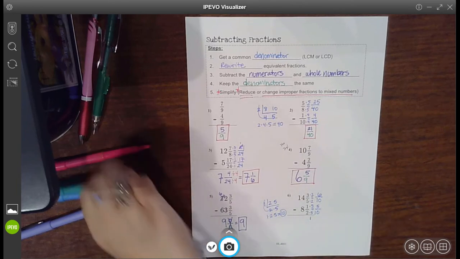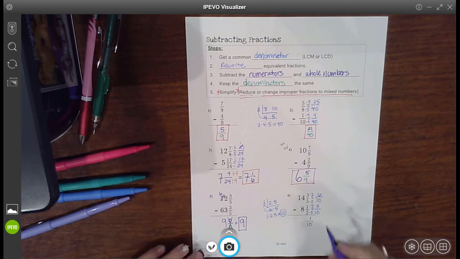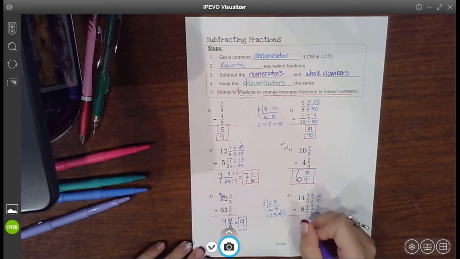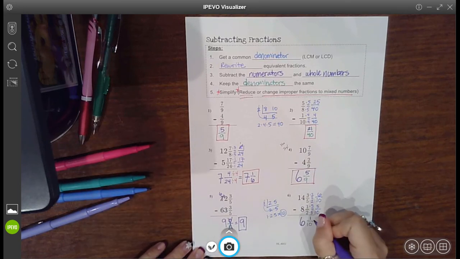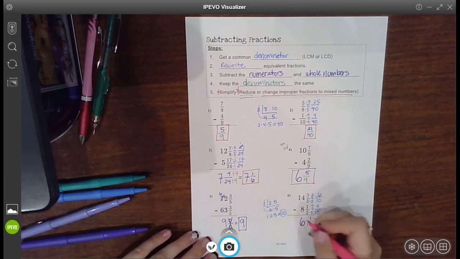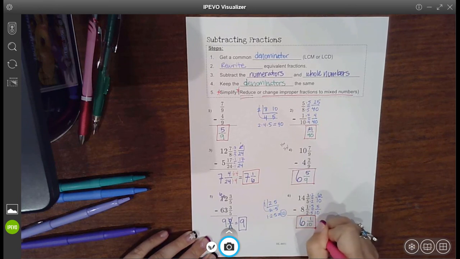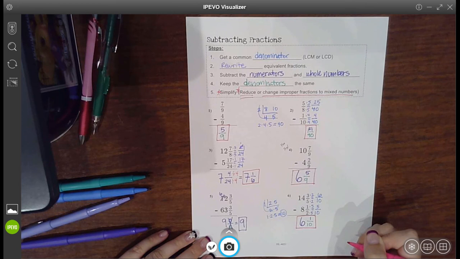Keep your denominator the same. And then subtract your whole numbers. 14 minus 8 is 6. Can I reduce it? No. Is it improper? No. So you're done. Congratulations. You now know how to subtract mixed numbers.